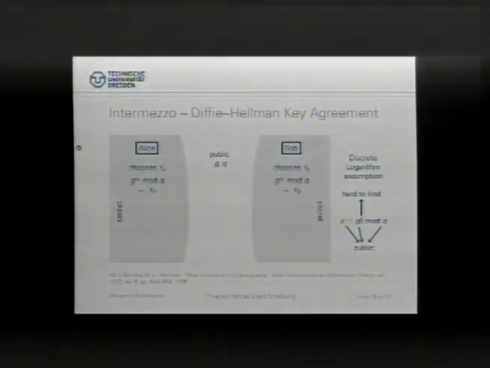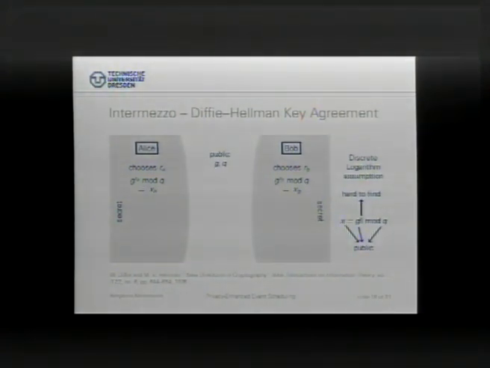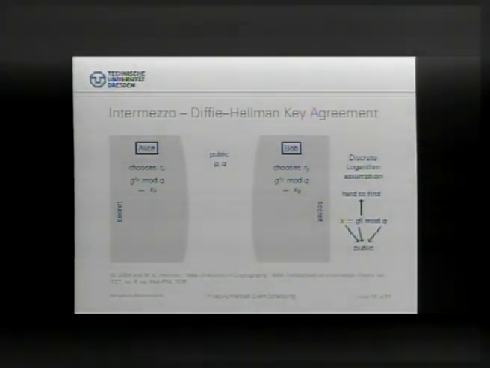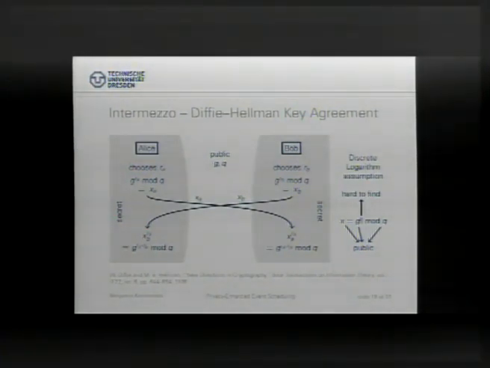Everybody chooses a random number, RA for Alice and RB for Bob, and everybody calculates the exponentiation: g to the RB modulo q for Bob and g to the RA for Alice. Afterwards, this X is exchanged, and from this value everybody can take their randomly chosen number and calculate XB to the RA or XA to the RB.